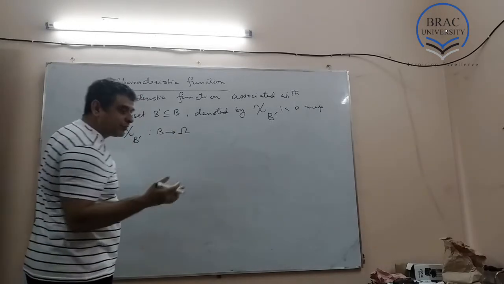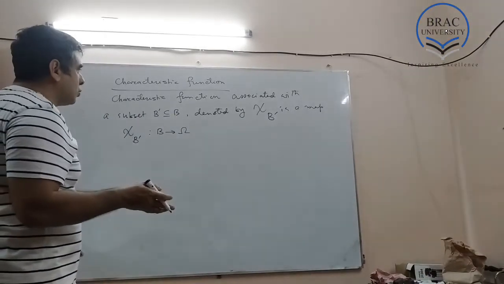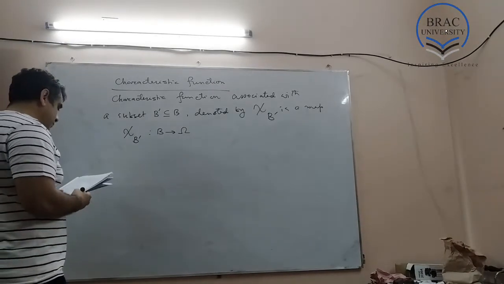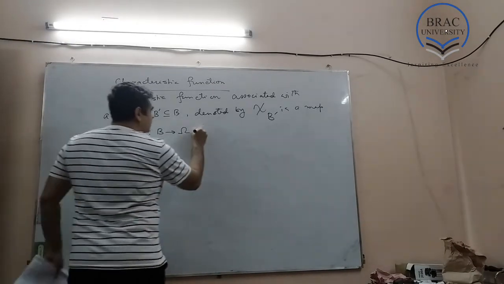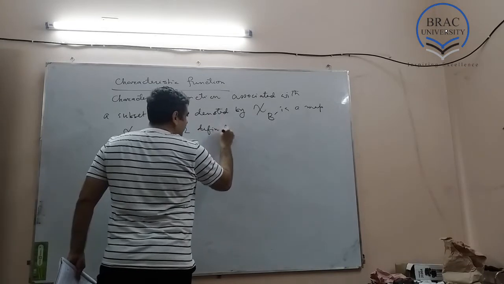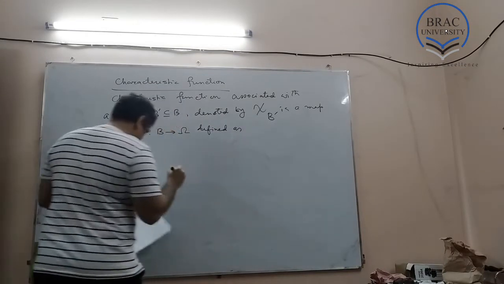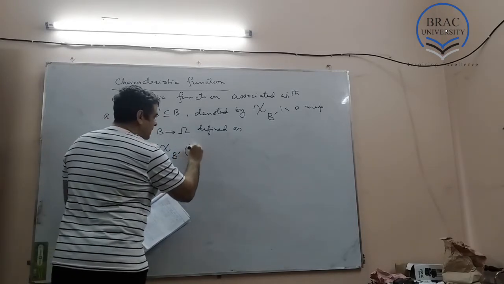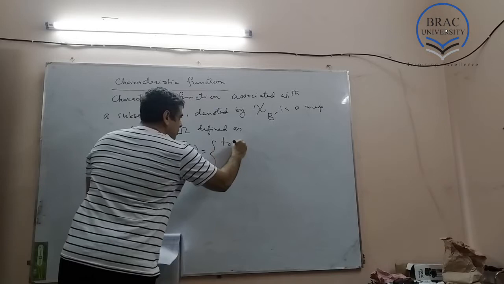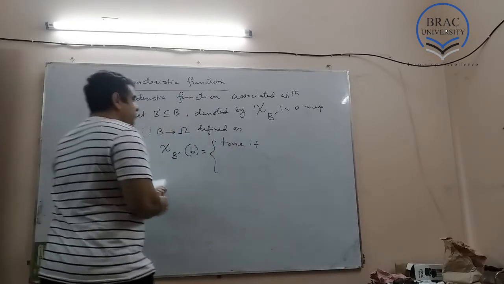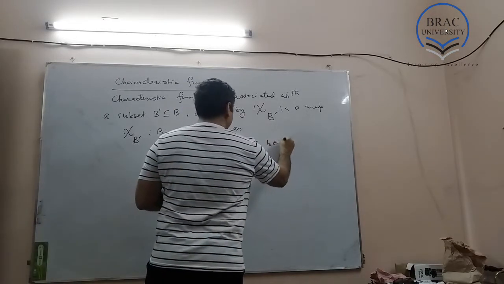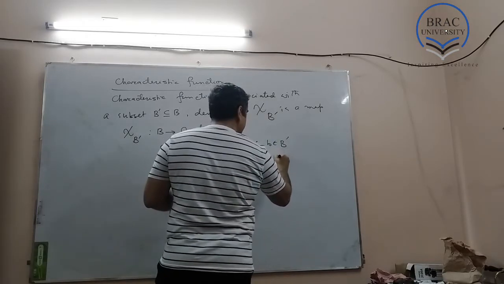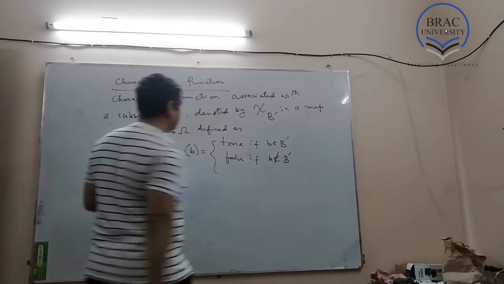Okay, the way we define psi, the one that we used to prove the second proposition, defined as, check that this one is exactly the same as psi, chi sub B prime of b is equal to true if b is in B prime, and false if b is not in B prime.